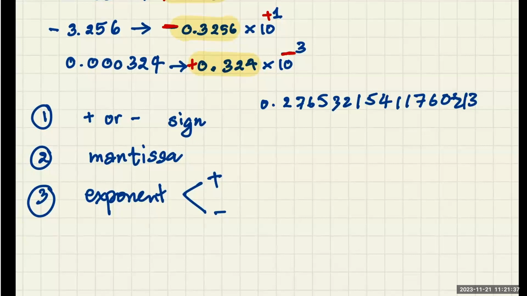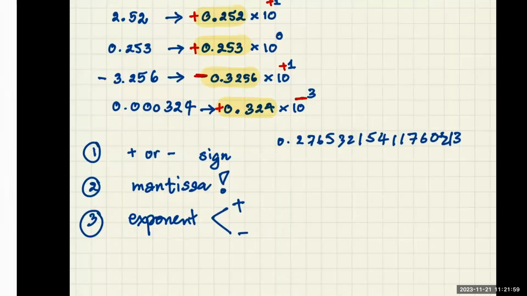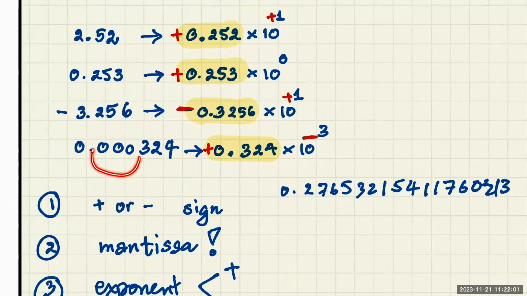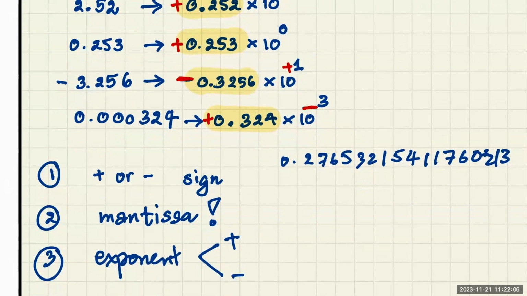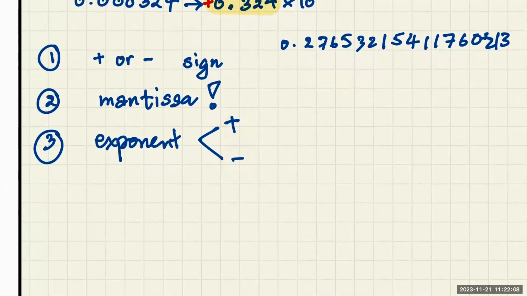The mantissa is also important because you know the number. And you also have to tell the exponent, how many digits you shift from the 0 to the first non-zero. Whether we shift to the left or to the right determines whether the exponent is positive or negative.